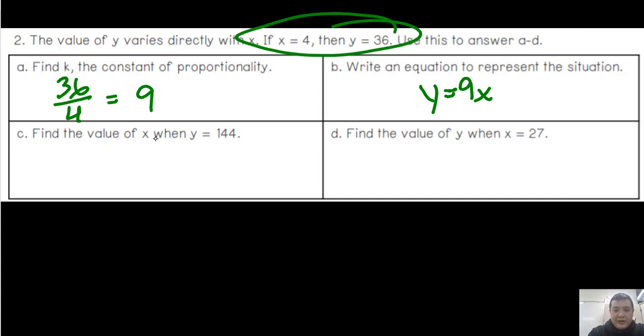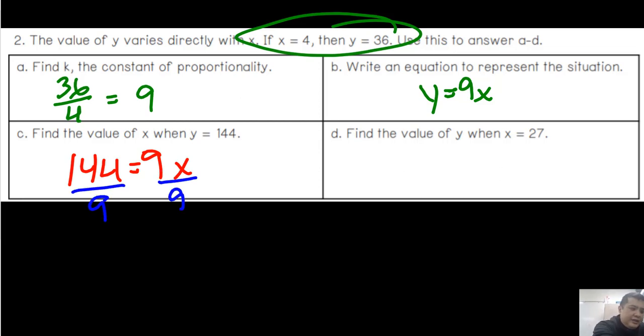It says use the equation to find the value of x when y is 144. So 144 equals 9x. We're going to divide both sides by 9, and what we get, using my calculator, is 16. So x equals 16. It says find the value of y when x is 27.